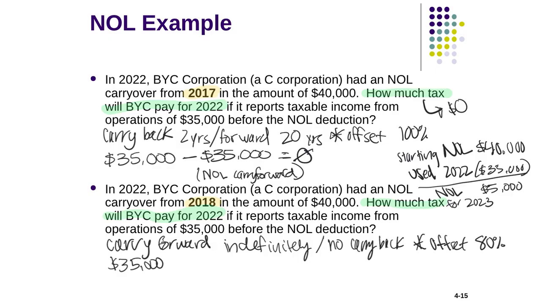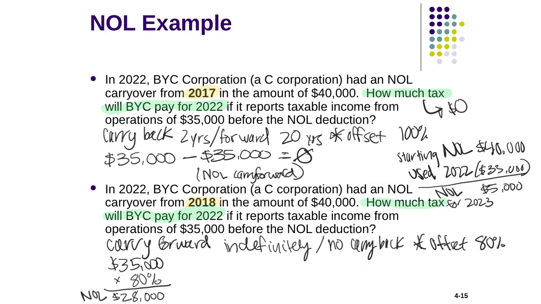If we multiply that by 80%, that gives us $28,000 for the NOL that we can deduct.